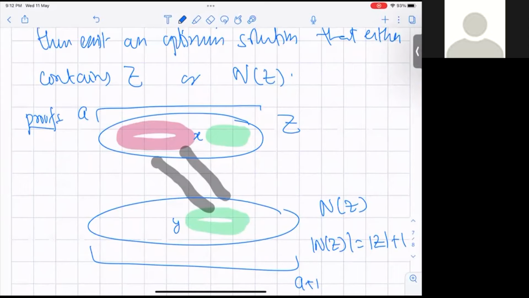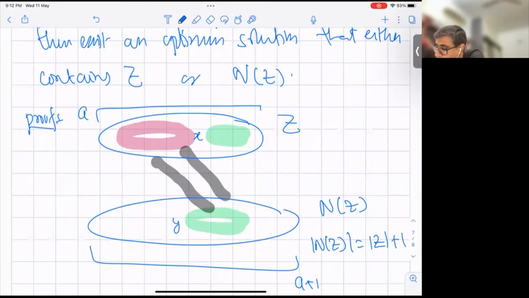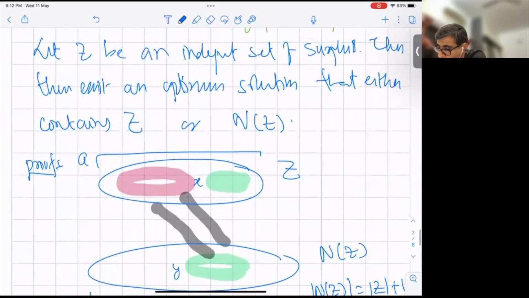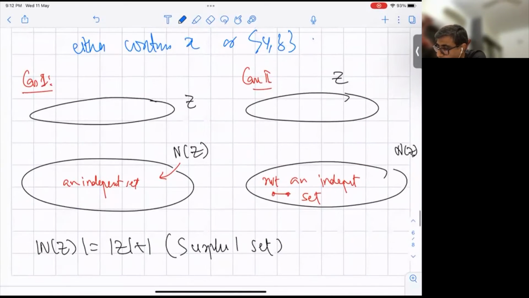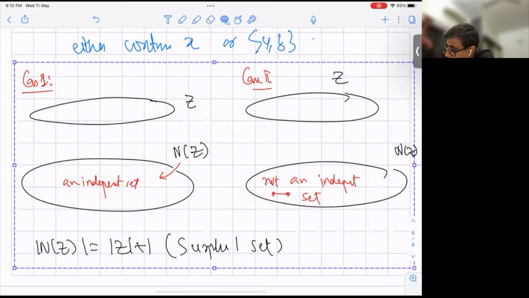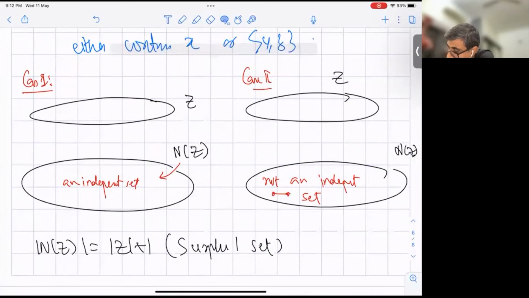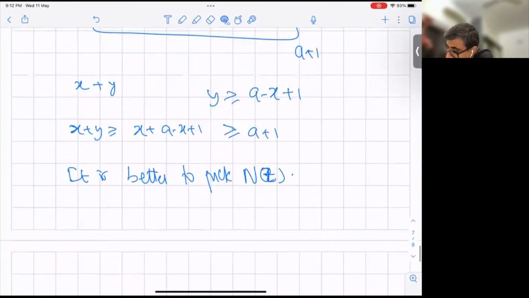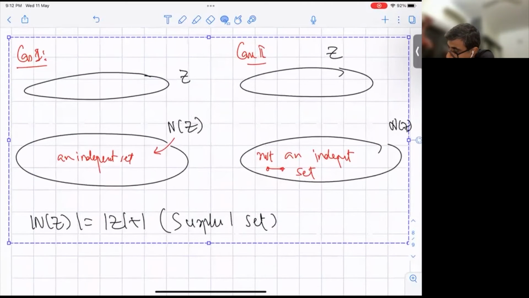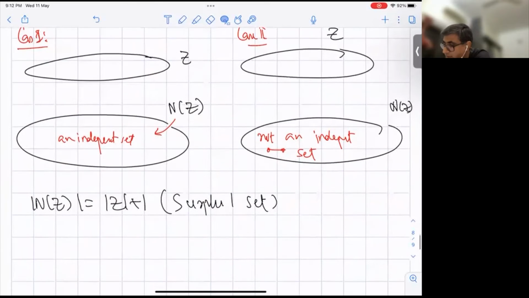Okay. Now, does it prove case 2? Does it give you a reduction rule for case 2?